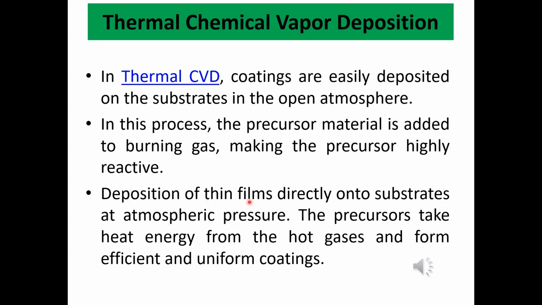Deposition of thin films directly onto substrates at atmospheric pressure is possible in case of thermal chemical vapor deposition method. The precursors take heat energy from the hot gases and form efficient and uniform coating.